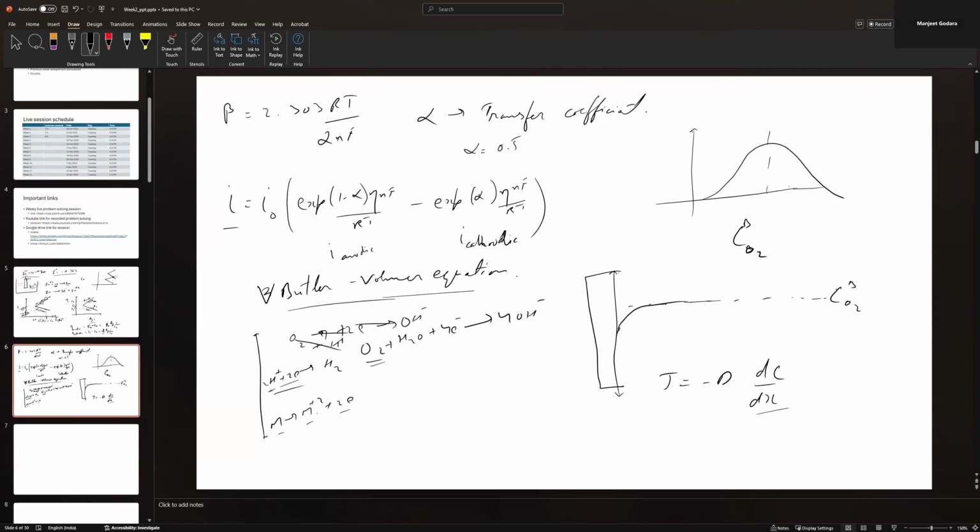This is the length, this is the concentration difference, D is the diffusion constant, and J is your flux, the rate of diffusion. You can go over the derivation.